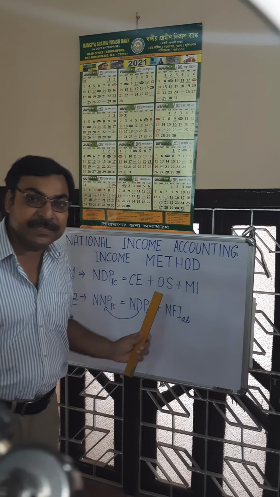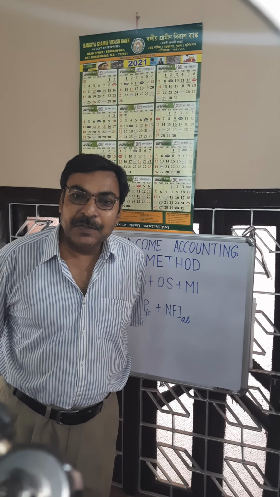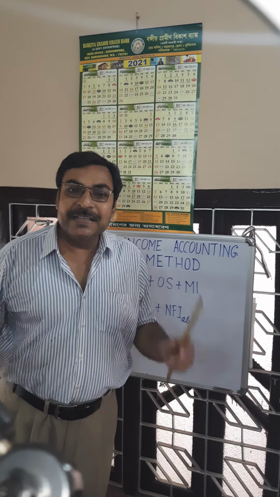Similarly, OS stands for operating surplus. What is operating surplus? Operating surplus refers to income from property and entrepreneurship. Land and capital is property, and income from land and capital is rent and interest.